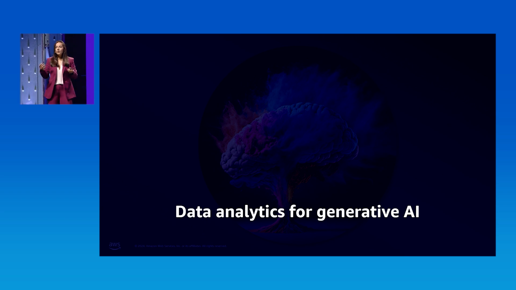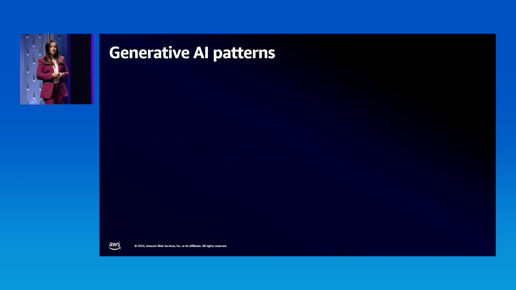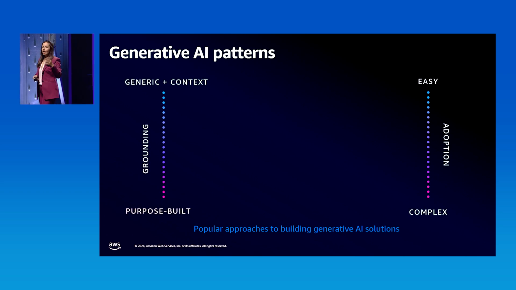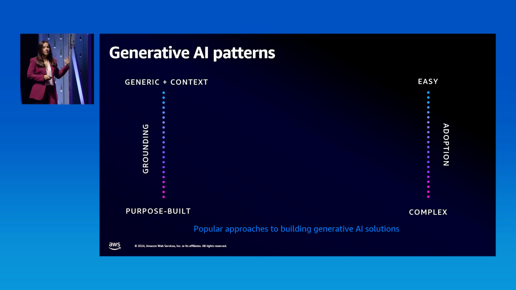Similarly, they're using a few architecture patterns to build their generative AI applications. So depending on the pattern or approach used, their grounding capability, which is the capability to successfully use information, will differ from purpose-driven to generic, and similarly will influence their adoption experience.